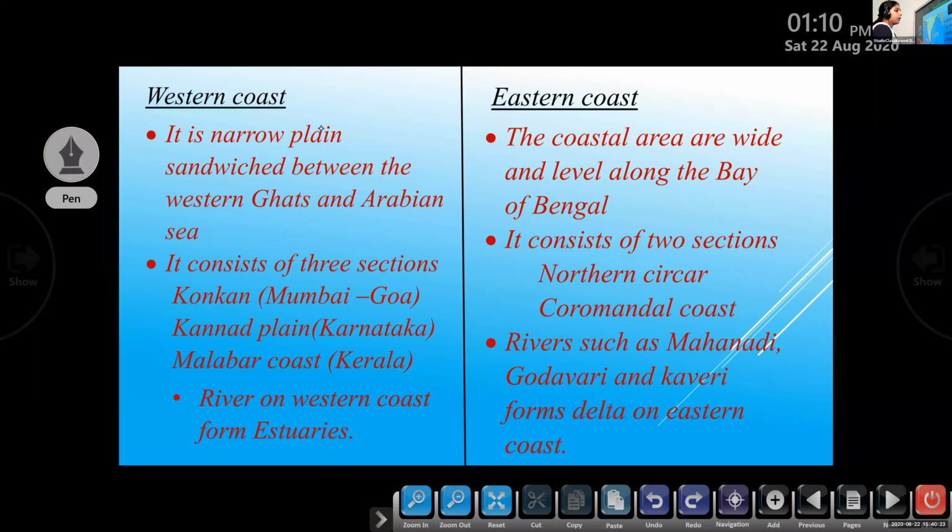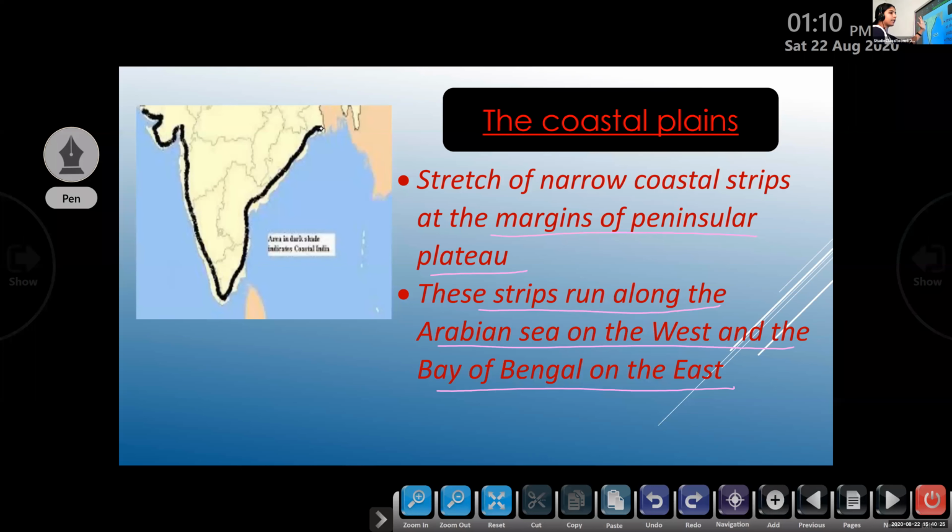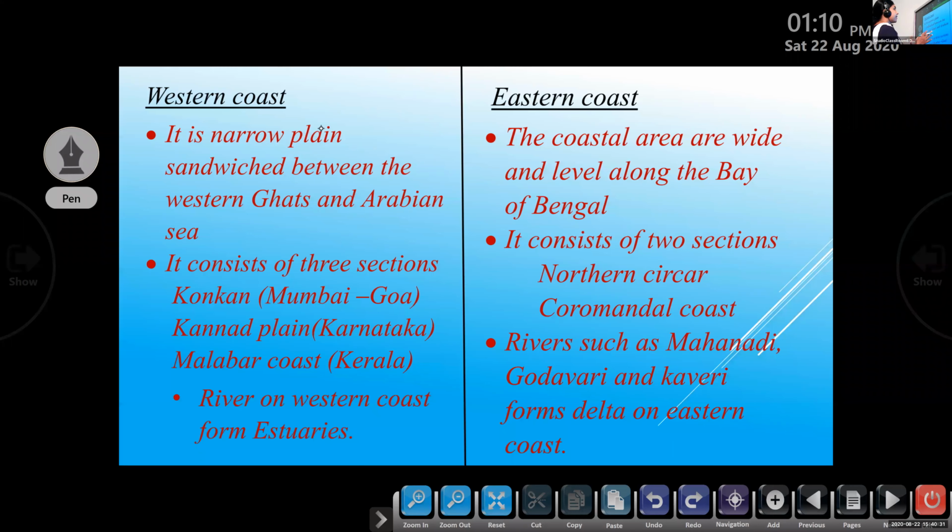This part is clear. Next, we are going to learn the comparison between western coast and eastern coast. First point, it's a narrow plain. Western coast is narrow and eastern coast is wide. The first difference between these two.